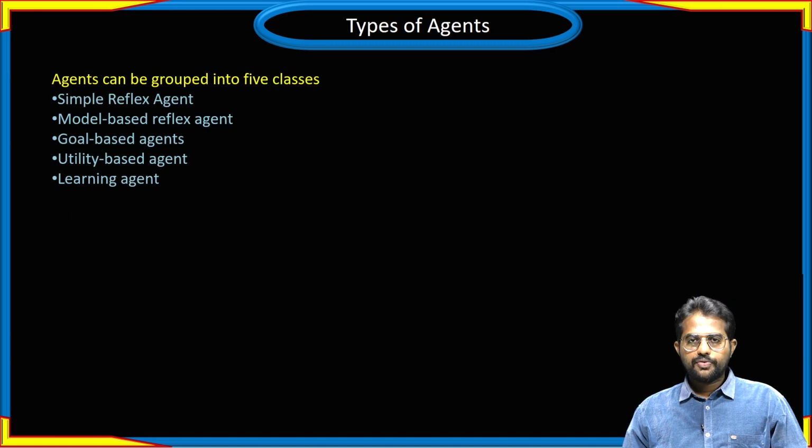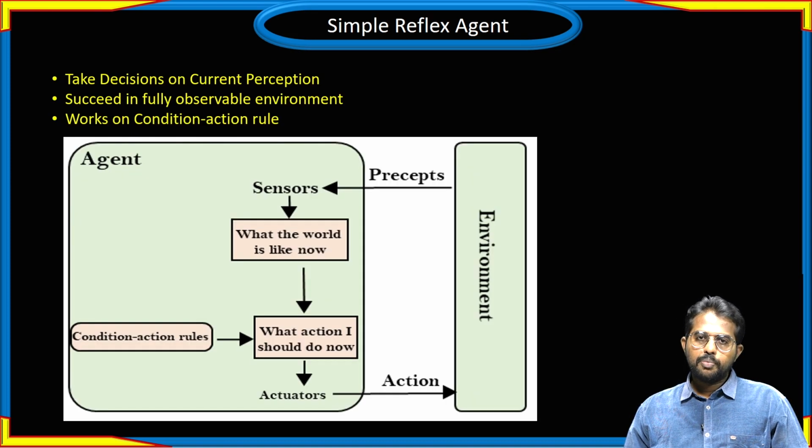Coming to different types of agents, we have 5 types of agents. First is the simple reflex agent, then the model based reflex agent, goal based agent, utility based agent, and the learning agent. Coming to the simple reflex agent, as the name suggests, it is a reflex. Reflex means immediate.